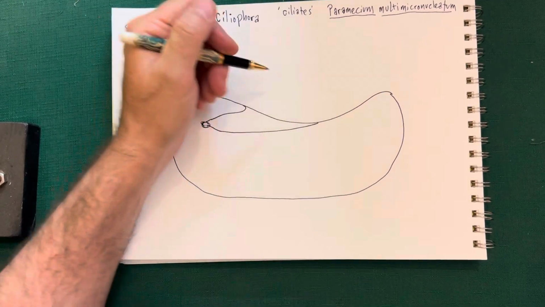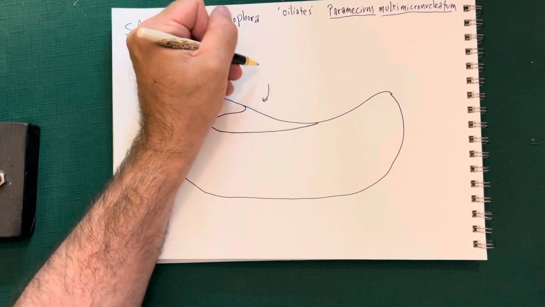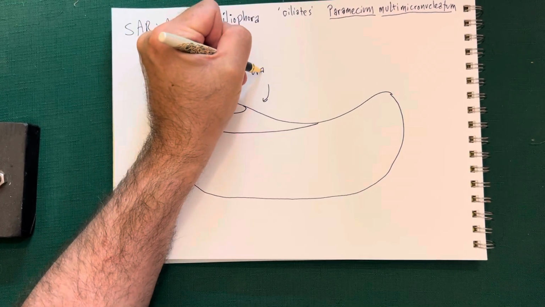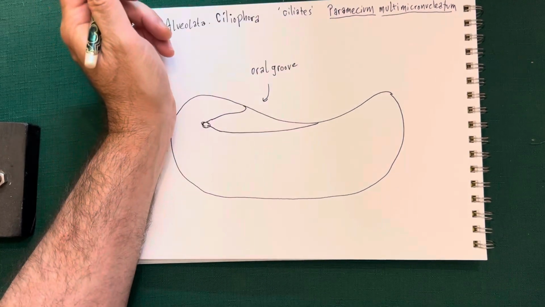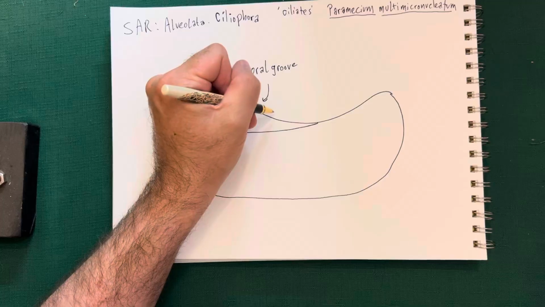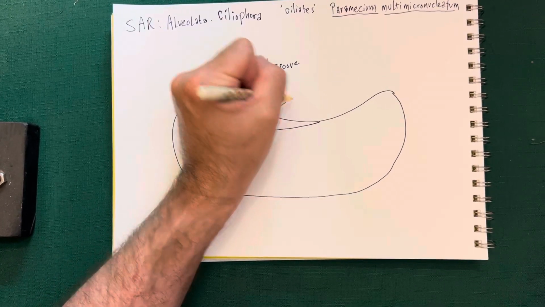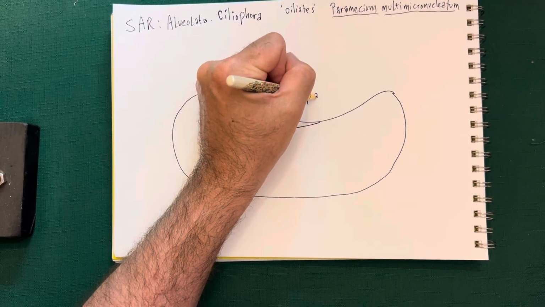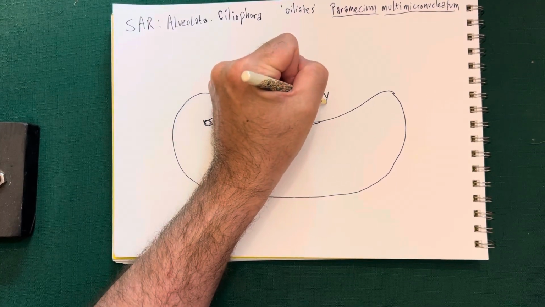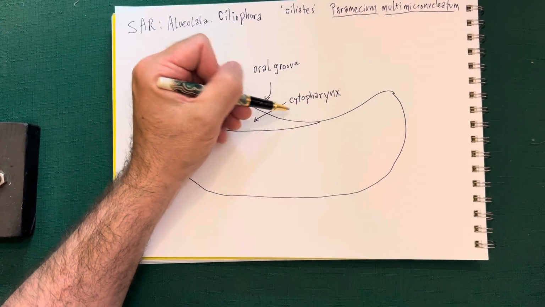So starting with a structure that's analogous to having a mouth. They will have an oral groove, as it is called, leading into a cellular throat. And a cellular throat is not what it's called. It's called a cytopharynx. Cyto means cell.